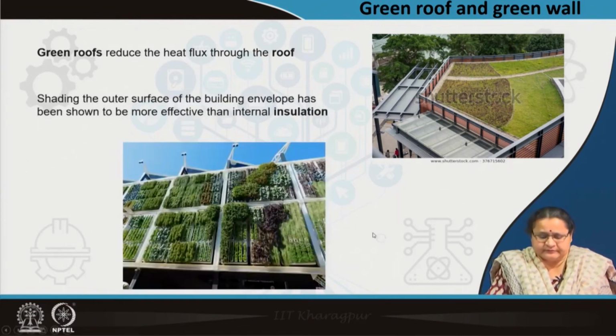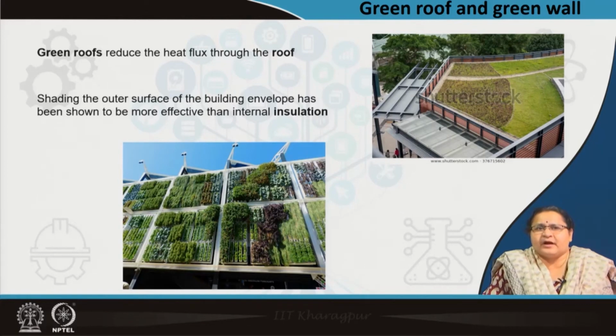Same with shading of the outer facade, that is, a vertical garden kind of thing. You can see this is a picture from an exhibition. The wall has been created. It was in Milan in 2017, I think. So, this is the exhibition pavilion whose wall has been made green.